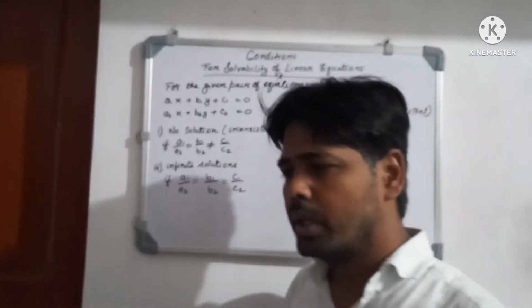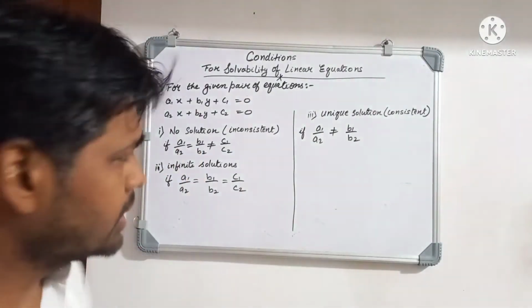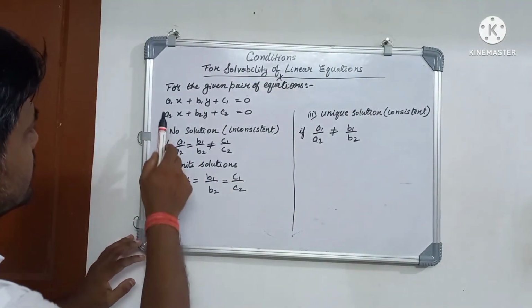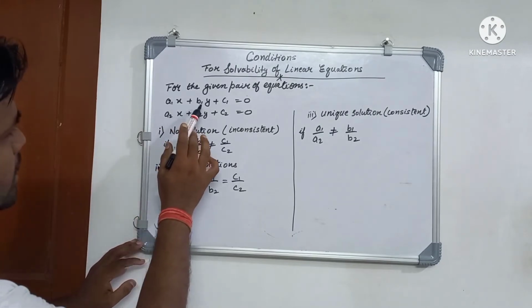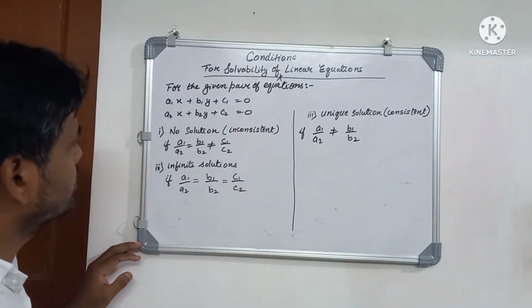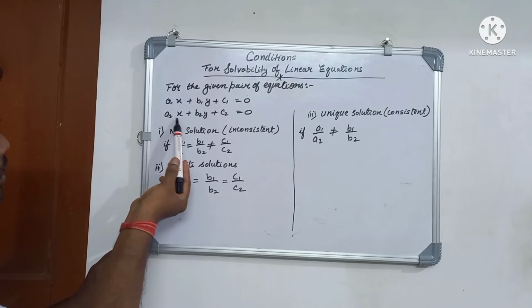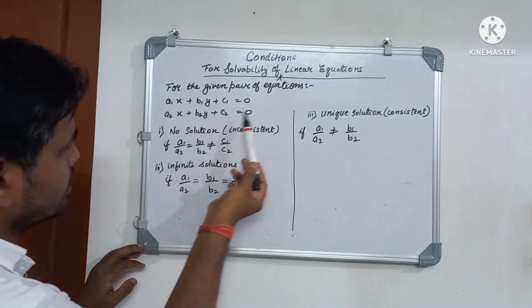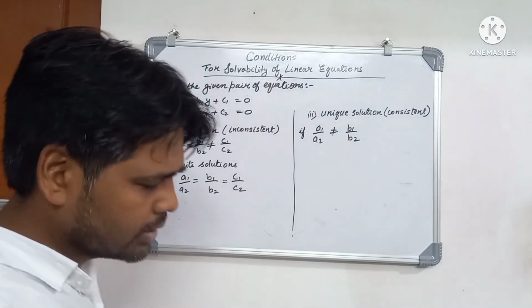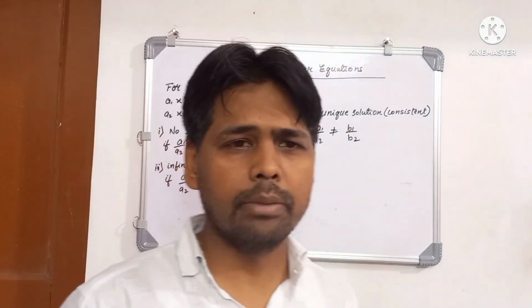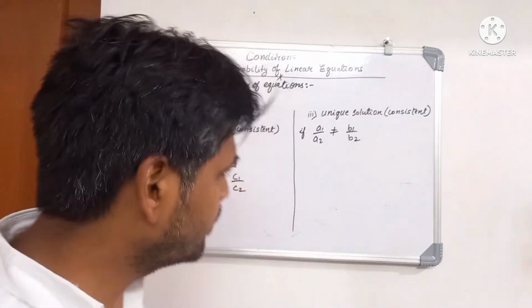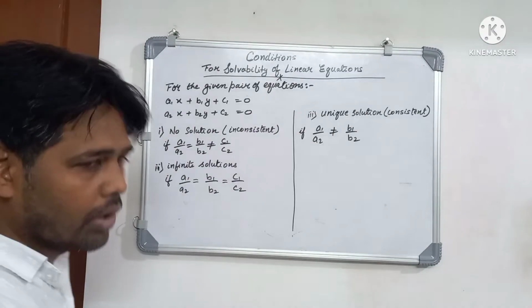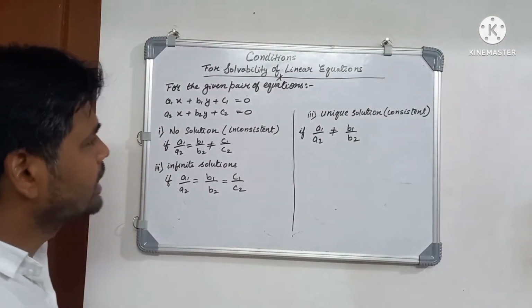For any given pair of linear equations of the form a1x plus b1y plus c1 is equal to 0 and a2x plus b2y plus c2 is equal to 0, we have been provided three different conditions that would help us find the solvability of these linear equations.